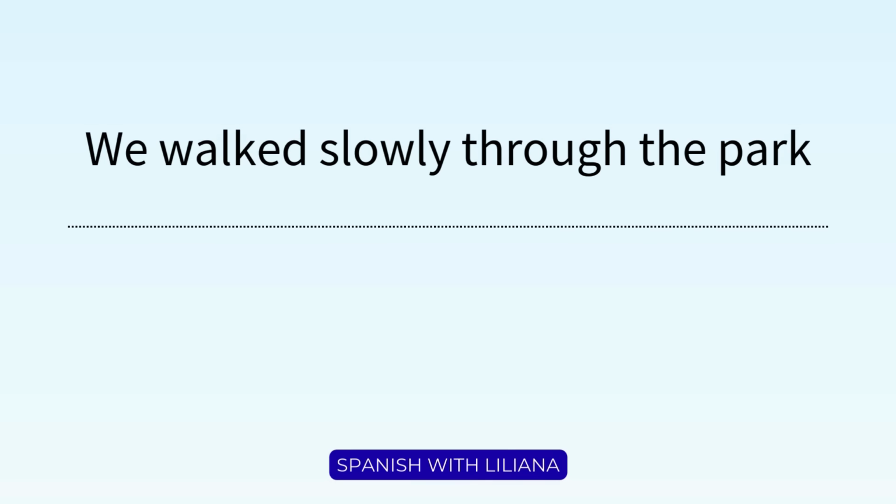The next one is we walked slowly through the park. Let's start with we walked. How do you say that in Spanish? Caminamos. We can also add the pronoun if needed. Nosotros caminamos. And how do you say slowly?